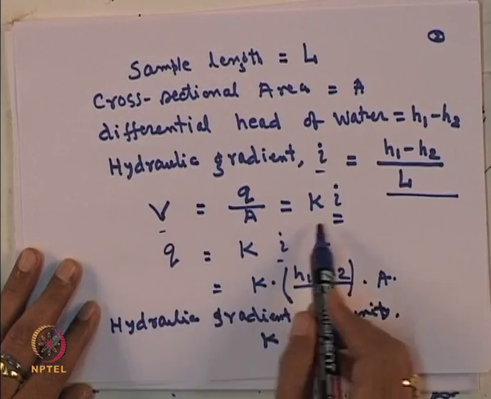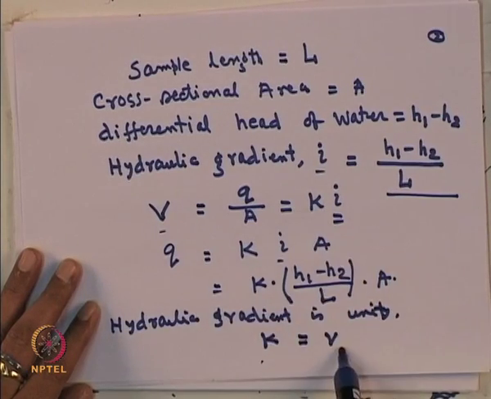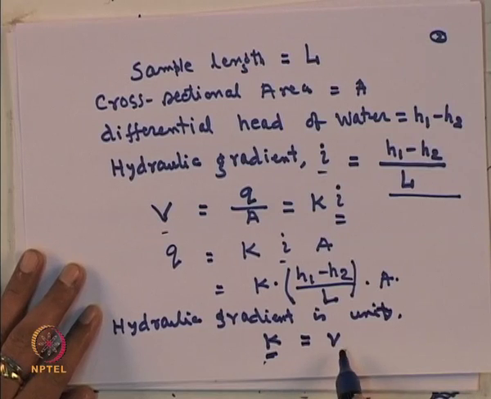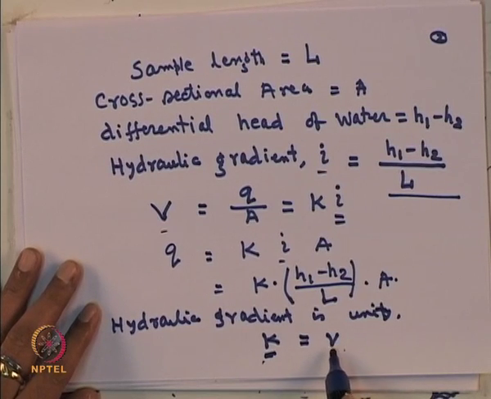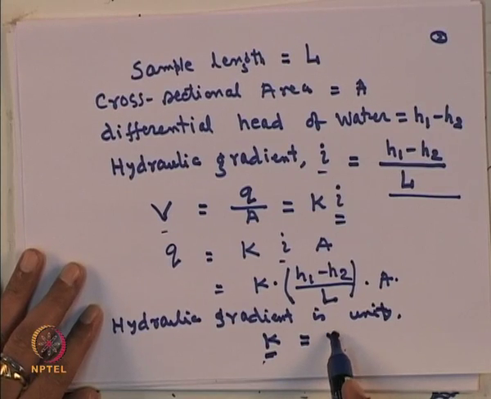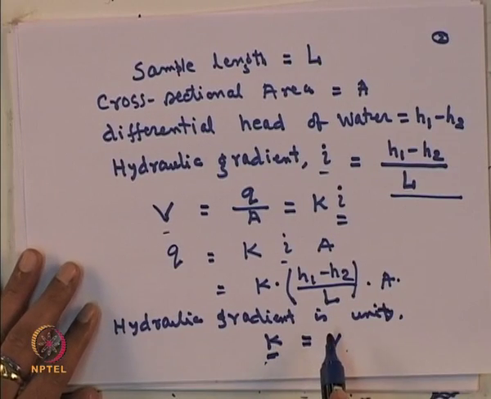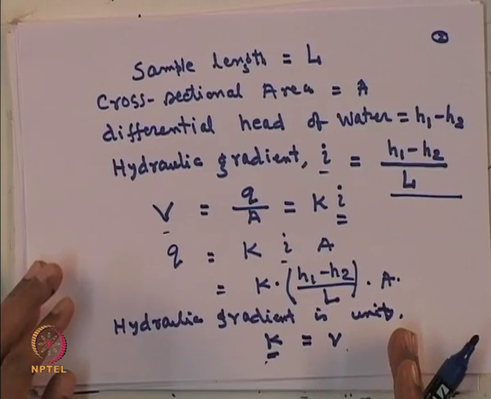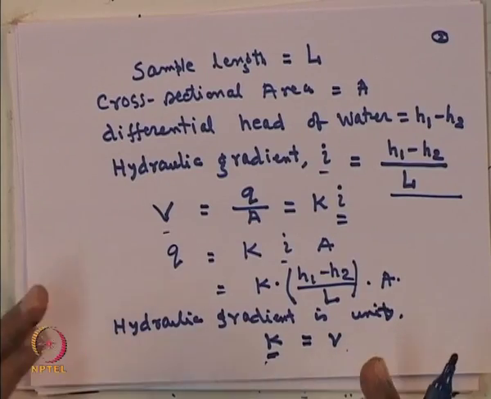Thus, this coefficient of permeability is defined as the average velocity of flow that will occur through the total cross sectional area of the soil under a unit hydraulic gradient.